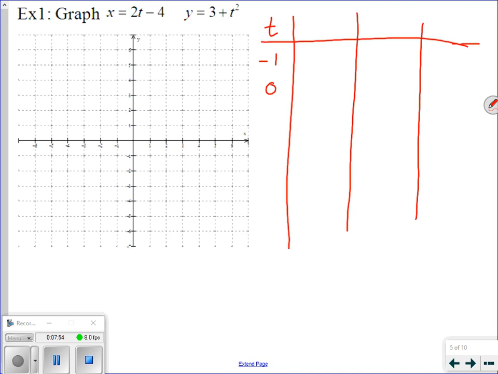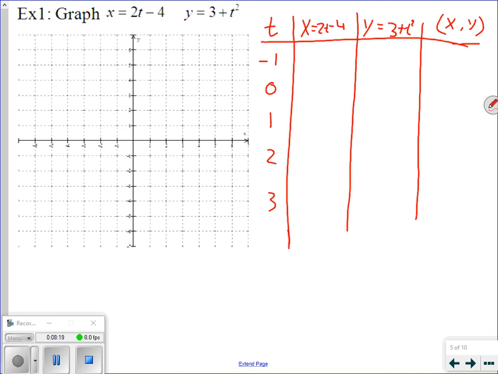I'm going to do -1, 0, 1, 2, 3. Those are the points I'm going to do. And again, usually the t values are given to you to tell you where to start. All right, we're going to figure out our x position at each given time, and our y position at any given time. And then I want us to just write it as a coordinate point so we can graph it.